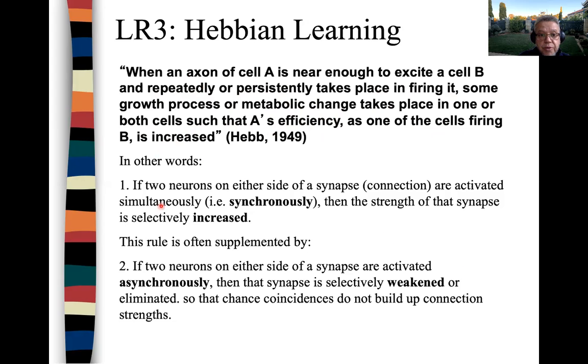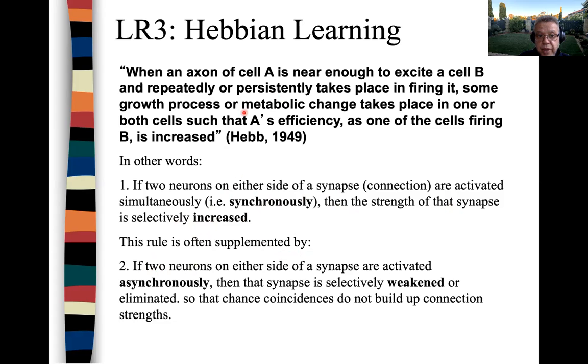In other words, if two neurons, A and B, on either side of a synapse or connection are activated simultaneously, meaning synchronously, then the strength of that synapse is increased. And this rule is often supplemented by the following.